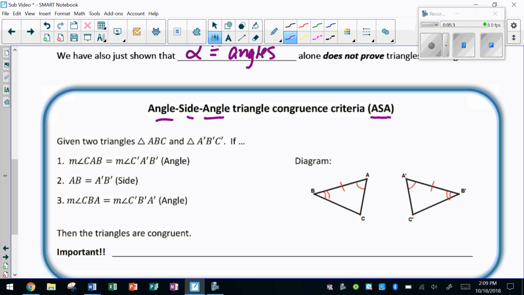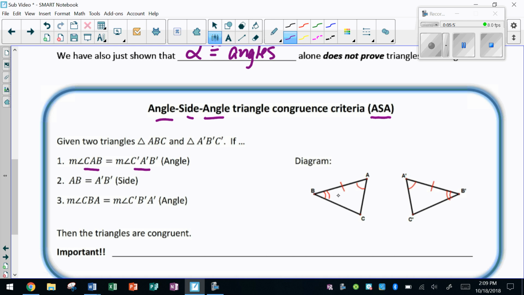But that being said, if we also know that the measure of angle CAB is congruent to the measure of angle C prime, A prime, B prime, which I have single arced, and if we know that AB is congruent to A prime, B prime, which I have single marked, and if we know the measure of CBA, which is double arced, is equal to the measure of C prime, B prime, A prime, which is also double arced, then the triangles are congruent.